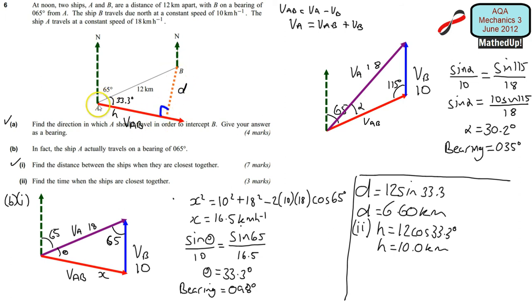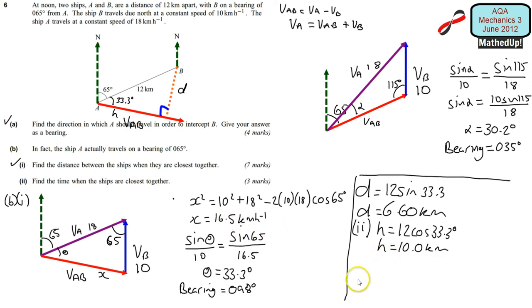So the magnitude of our velocity of A relative to B, we worked that out earlier, is actually going to be 16.5 kilometers per hour. So I need to work out the time it takes to travel 10 kilometers at 16.5 kilometers per hour. So my time is going to be my distance divided by my speed.